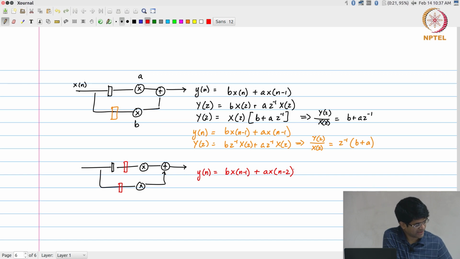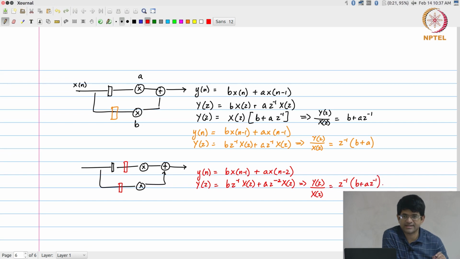And in the third case, what I have is y of z equals b z inverse x of z plus a z to the minus 2 x of z, which gives us y of z by x of z equals z inverse into b plus a z inverse. Now you can see more clearly why the first one and the third one are the same, because a multiplication by z inverse is essentially just delaying something in time.